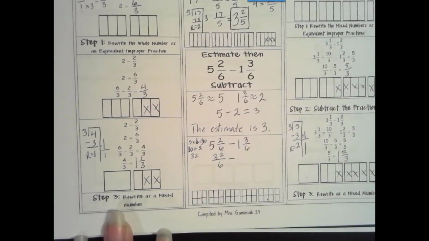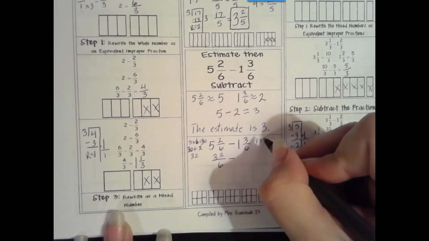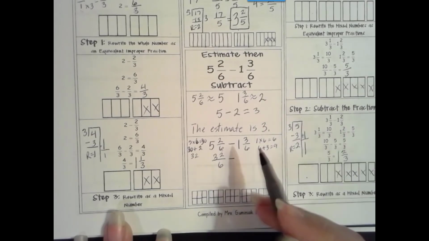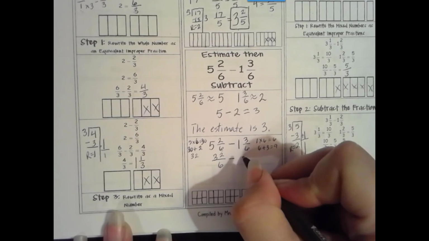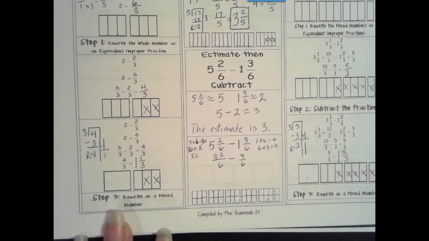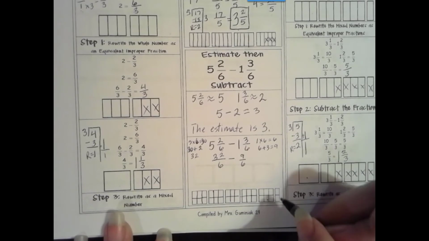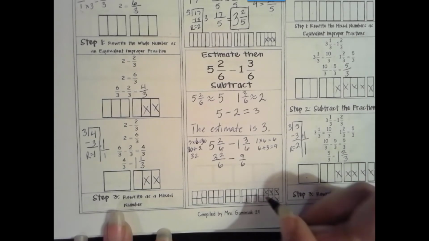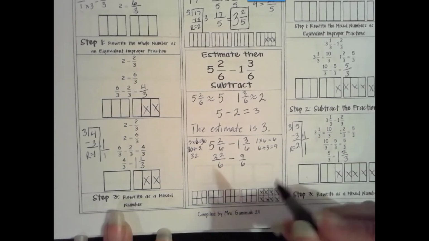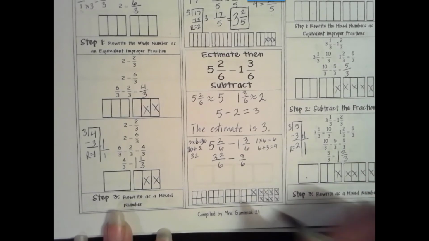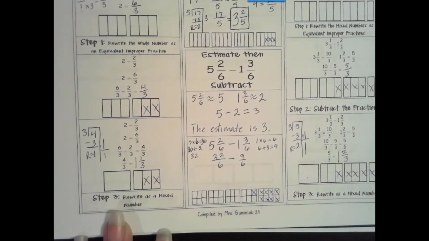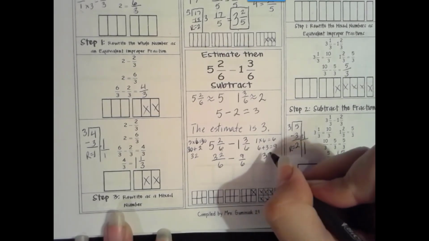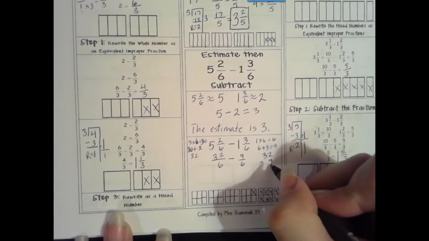And I need to take away, well, 1 times 6 is 6, and 6 plus 3 is 9. So 1 times 6 plus 3. I need to take away 9 sixths. So 1, 2, 3, 4, 5, 6, 7, 8, 9/6. 32, take away 9.